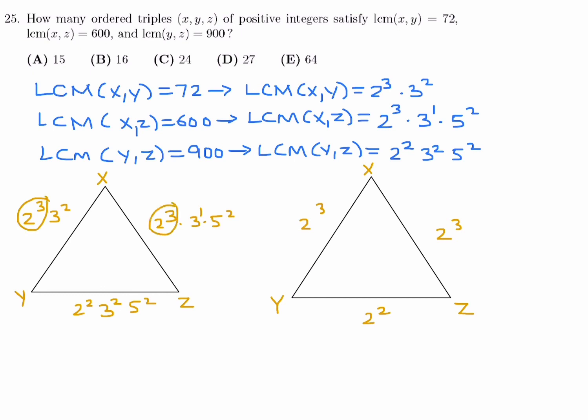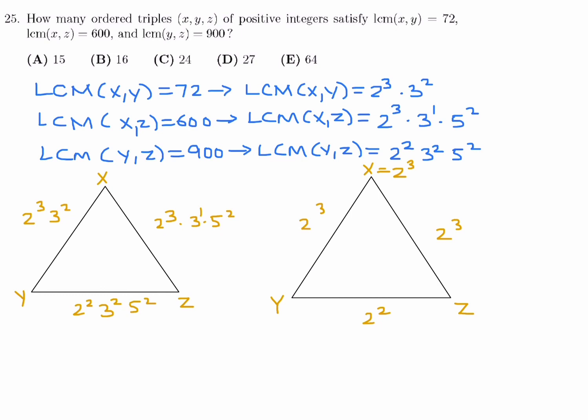So that obviously means that x has 2 to the power of 3 as part of its factors. It might be entirely equal to 2 to the power of 3, or it might have 2 to the power of 3 as part of its factorization. But regardless, it definitely has 2 to the power of 3.